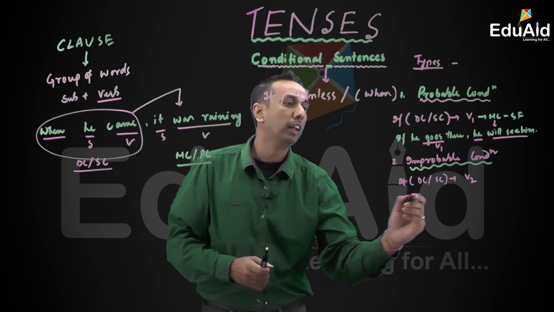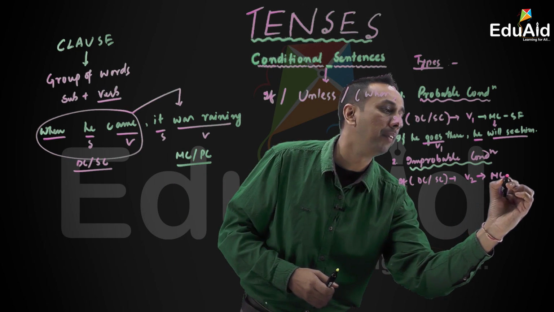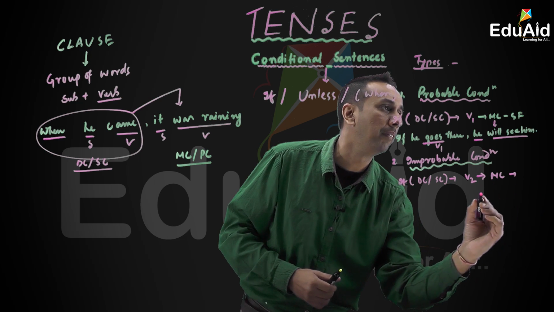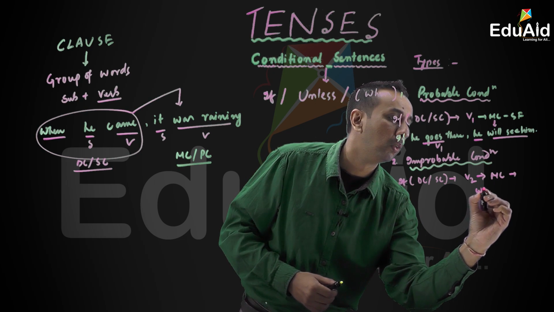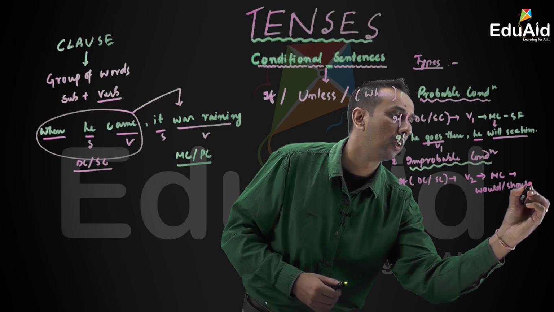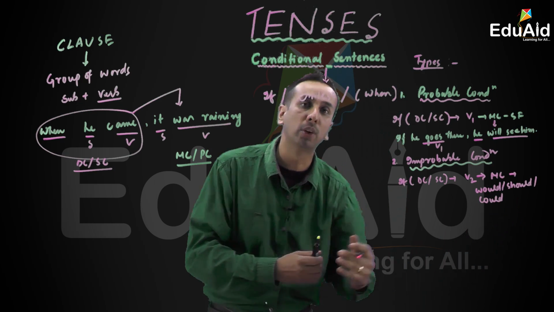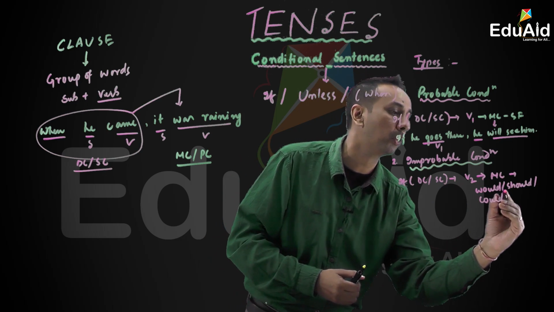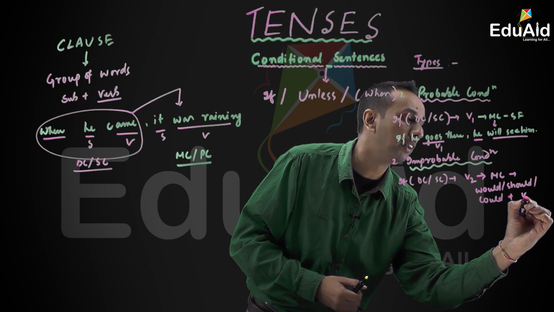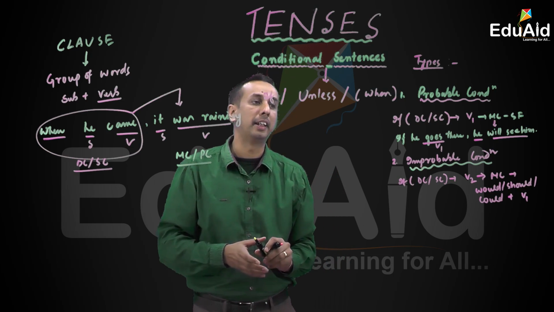It should be in V2 form. Then the main clause will be in would, should, could, might also in some cases, primarily would, should, could. After that the verb will take its first infinitive form. Would, should, could plus the verb will take its first form.